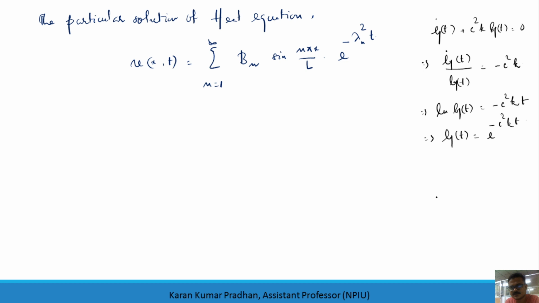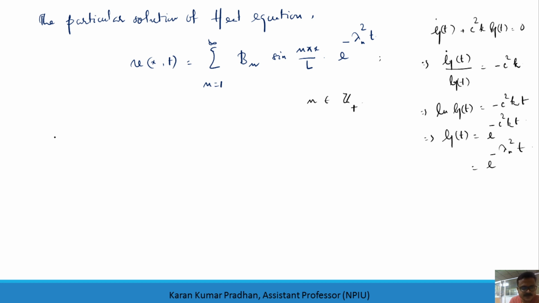In the previous equation, the wave equation, we found c squared k as e to the power minus lambda_n squared t, because these are the eigenfunctions. We have taken different values of this. I think you have some clue how we are getting this. Here n belongs again to the positive integers.